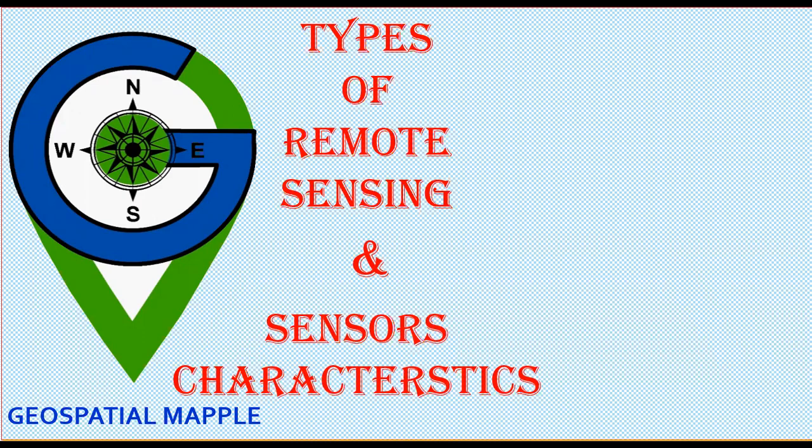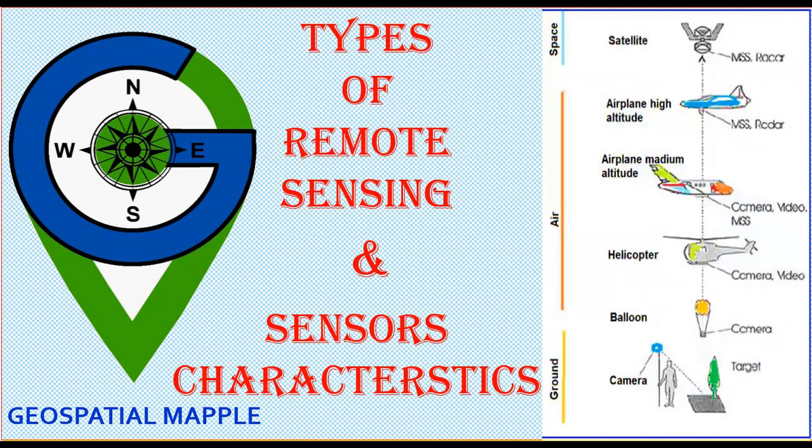So the learning objectives for this lecture are, first of all, we will learn what the different types of remote sensing are, then how we can differentiate the different types of remote sensing on the basis of platforms, on the basis of orbit of remote sensing satellites.